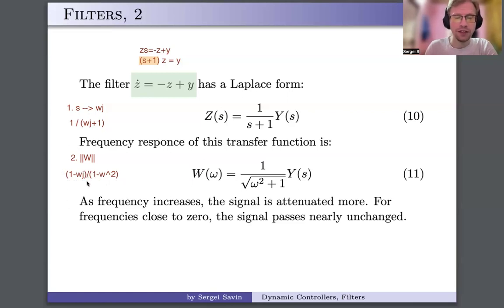Sorry, that is just to make sure that you don't have j downstairs. And then what does it mean to have absolute value? Well, you get a real part. The real part here is this guy divided by this, squared, plus the imaginary part divided by this, squared. Right.